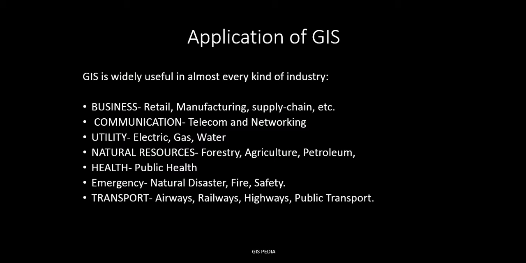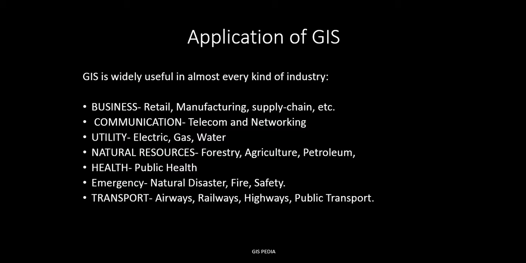Applications of GIS. GIS is widely useful in almost every kind of industry, that is business, communication, utility, natural resources, health, emergency, transport. Business applications include applications in retail, manufacturing, supply chain, and many more.